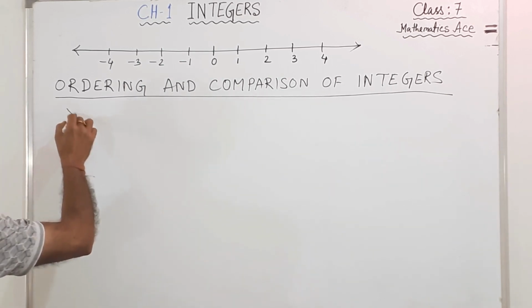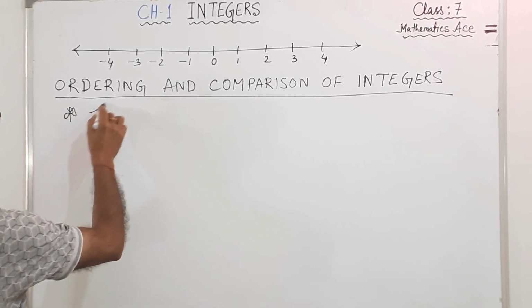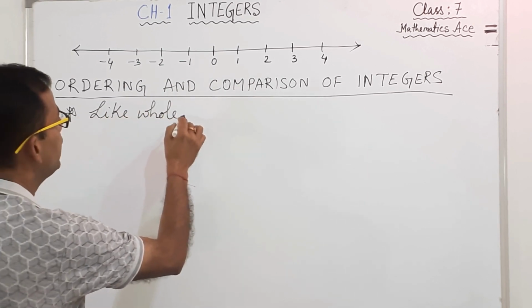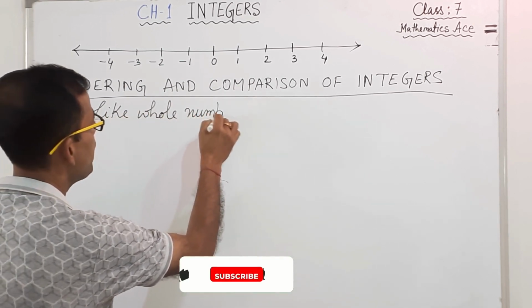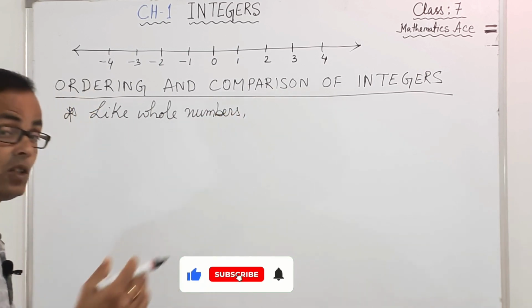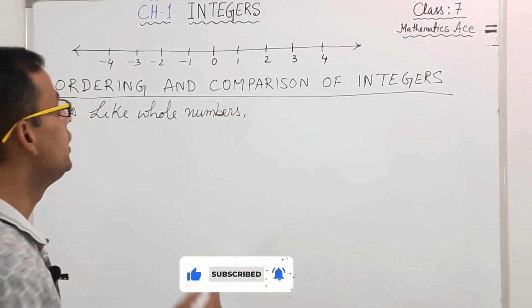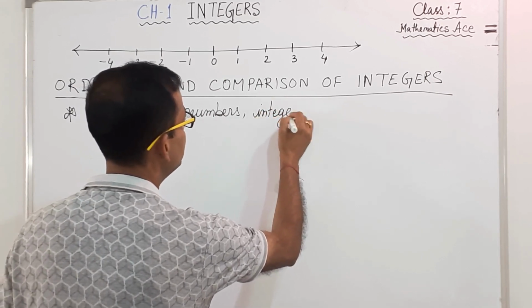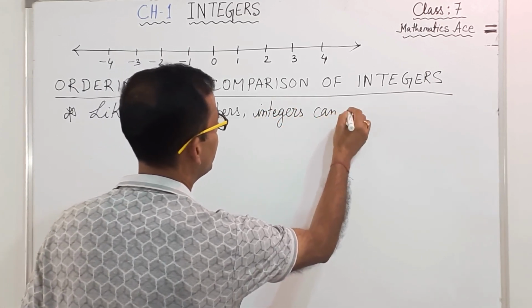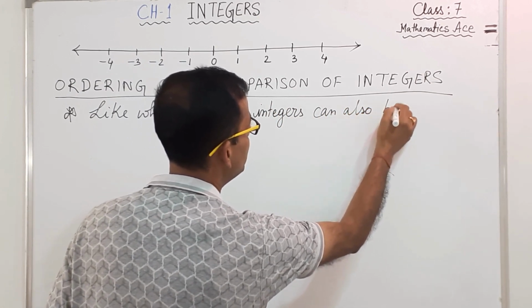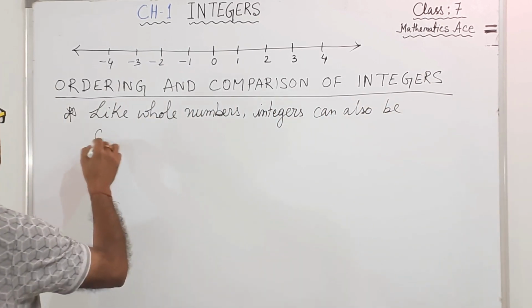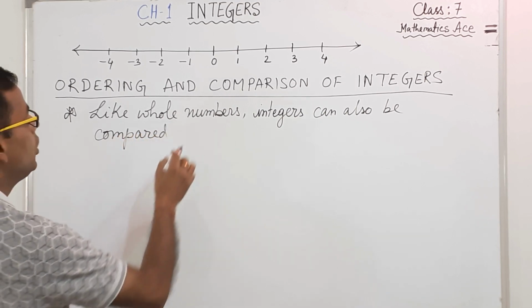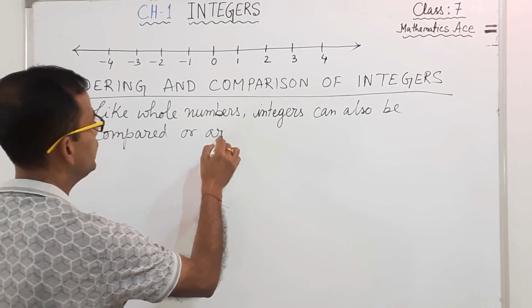Now first, like whole numbers, you know the whole numbers 0, 1, 2, 3, 4, integers can also be compared or arranged.